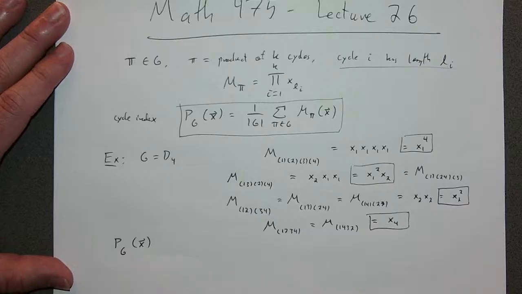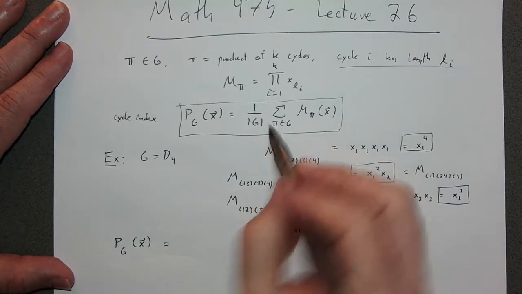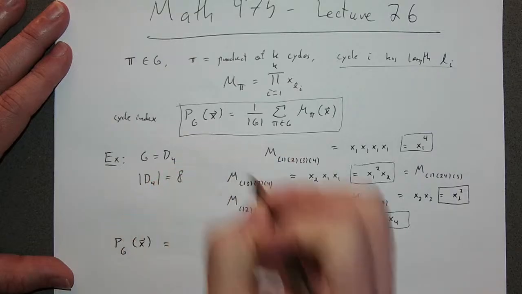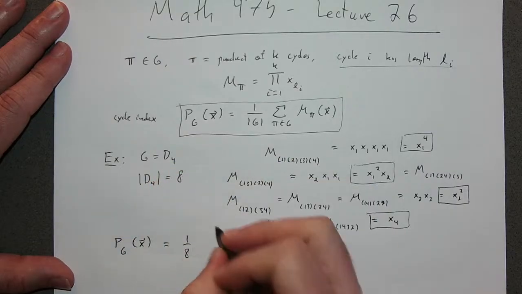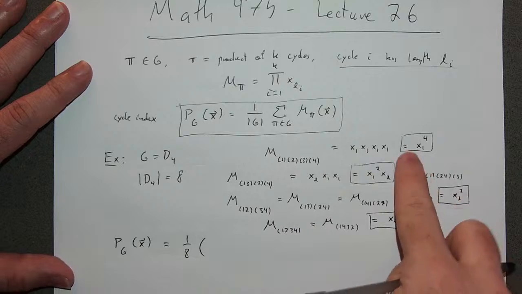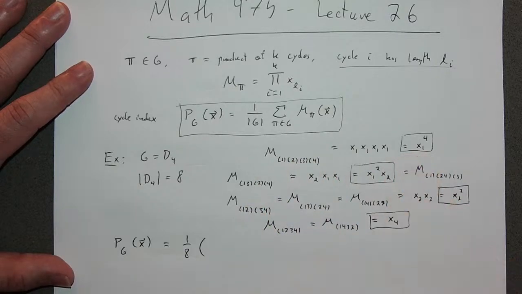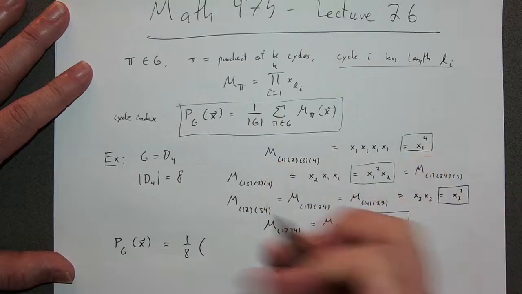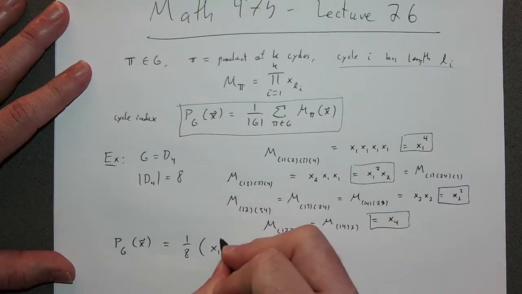What is the resulting thing? This is 1 over the size of the group, but the size of the dihedral group is 8, so this would be 1 over 8 times a sum over all the permutations of this, which is, I have 1 such permutation here, so that's x sub 1 to the 4th.